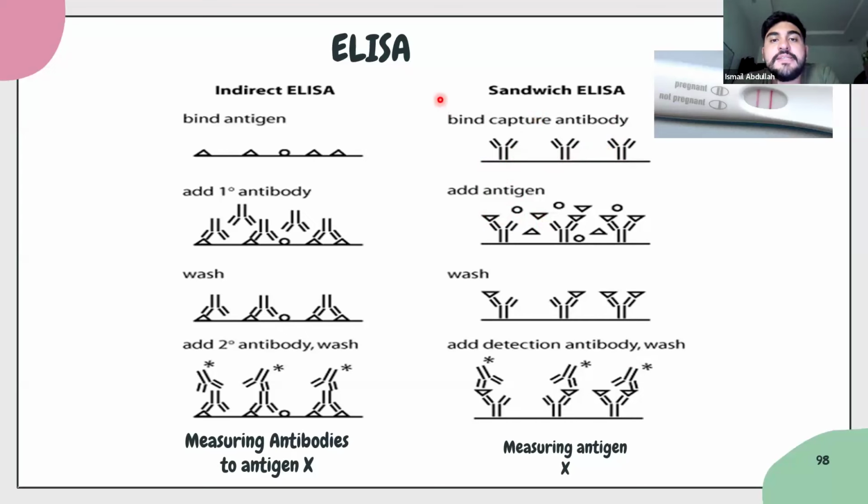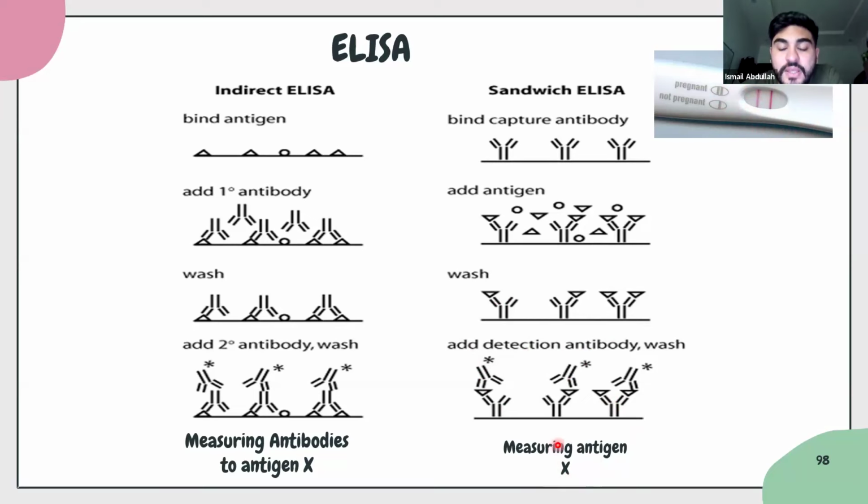So these antigens are going to be bound here. Then it's going to be washed, and then another detection antibody will appear, which is why you get these two colors. You get this color first, and then you get this color again. This is sandwich ELISA.